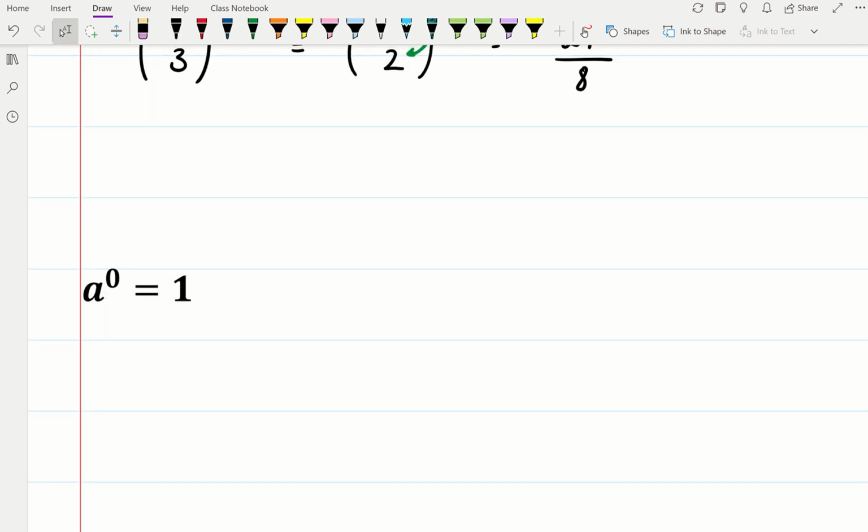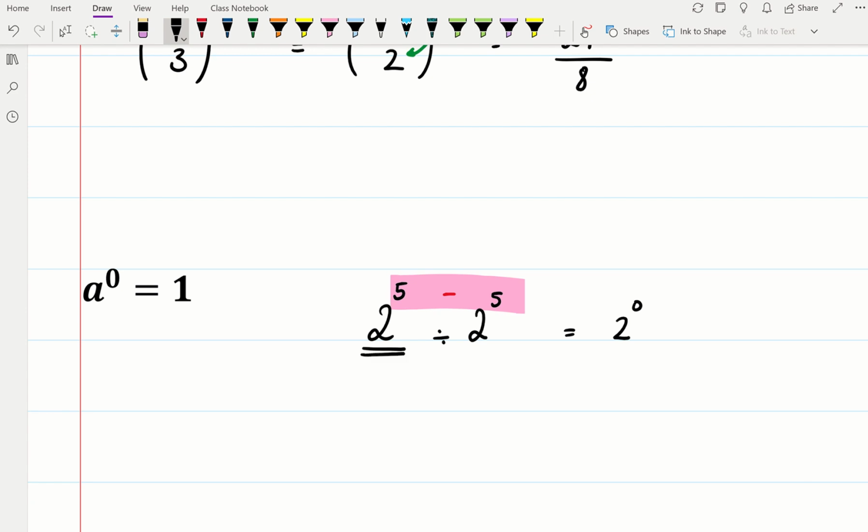Now, a to the power of 0 is always 1. So we're thinking in these terms. For example, 2 to the power of 5 divided by 2 to the power of 5. What happens when I'm dividing the same base? I subtract the powers. And that gives me 2 to the power of 0. But look what I've got.